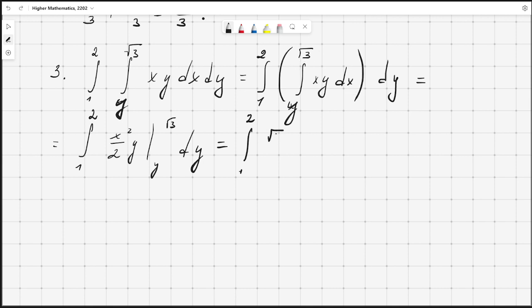Square root of 3 squared over 2 times y. Then x is y in this case. In this place we will have minus y squared over 2 times y dy. Calculate.